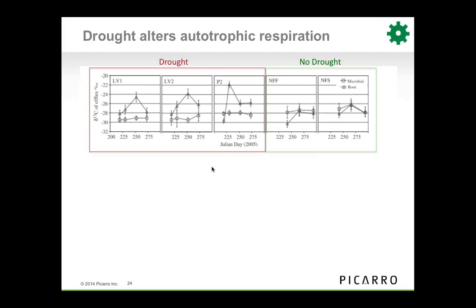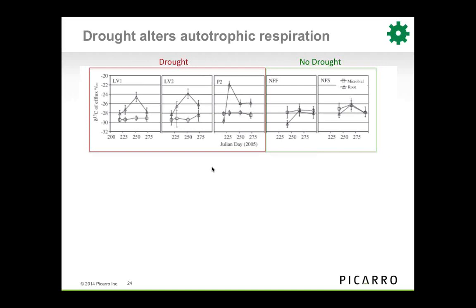But at the site where we have drought and the trees and plants are undergoing moisture stress, as the drought progresses we get a heavier and heavier isotopic signature. That means these plants are tending to use more 13C for their metabolic or biochemical processes.